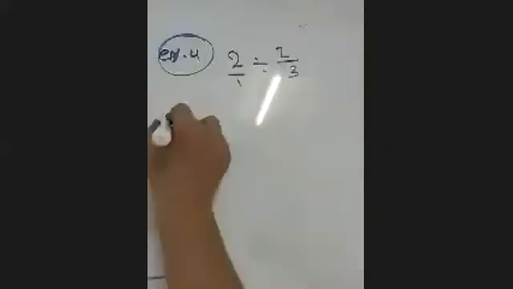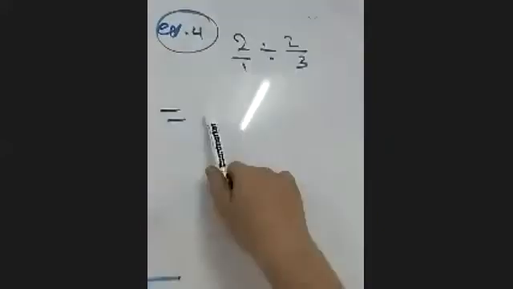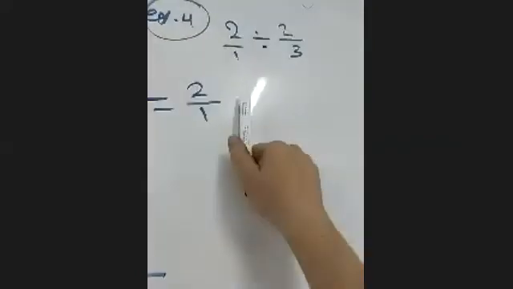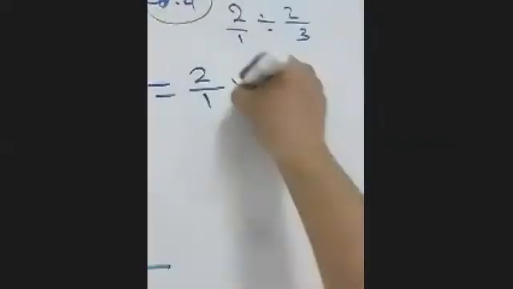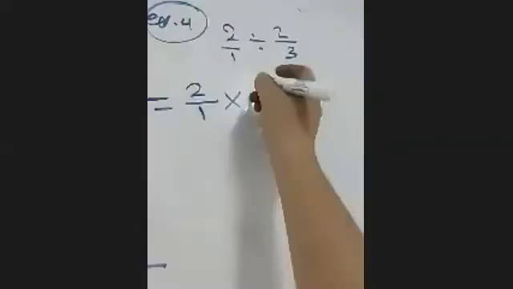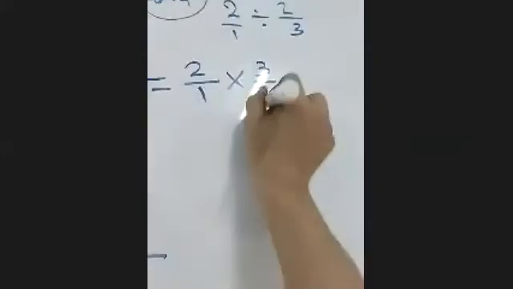Now we apply this way. The first fraction stays the same, 2 over 1. The division, we turn it to multiply. And the second fraction, guys, we flip it. We find the reciprocal of it, which is 3 over 2.